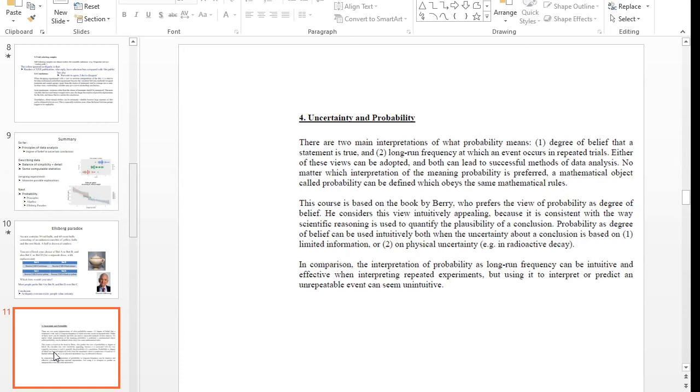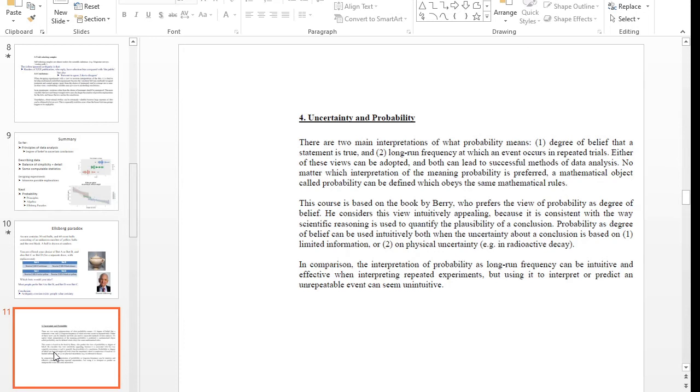Okay. Obviously, when we have a conclusion in which we are uncertain, we're going to give it a probability. You need to know that when you pick up a textbook on probability theory, it will probably tell you that there are two mainstream interpretations of what probability means, though it might choose one or the other.